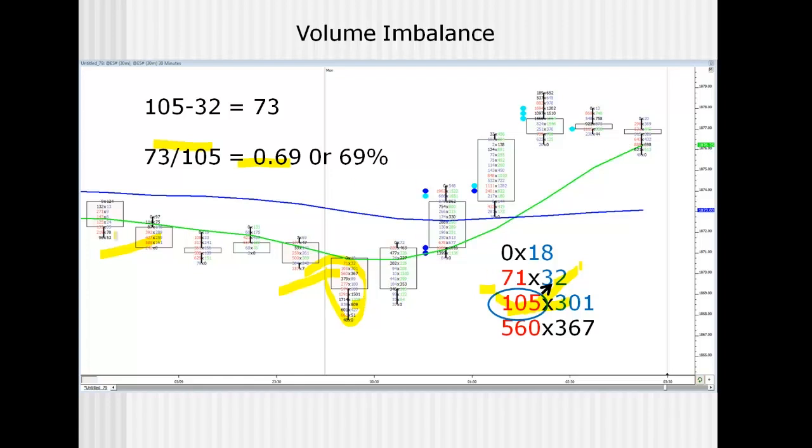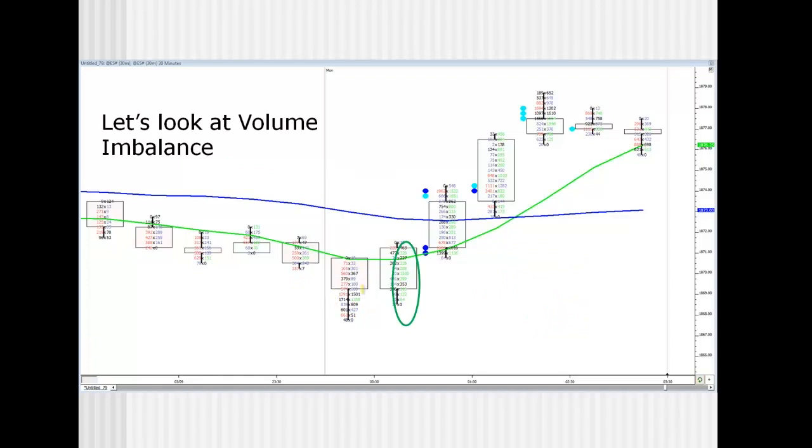So here's how we would begin our analysis of the imbalance that we see. First of all, between this bar and this bar, these two bars down here at the bottom, is there a change in the nature of the imbalance?